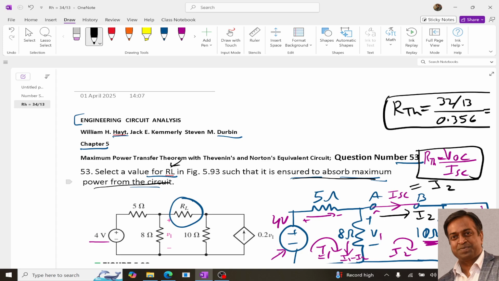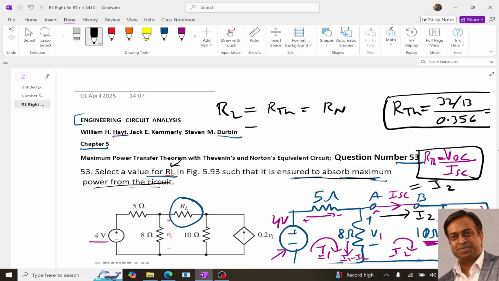And we know that the value of RL should be equal to the internal resistance, which is our Thevenin resistance or Norton resistance. So over here we just need to determine the Thevenin resistance.